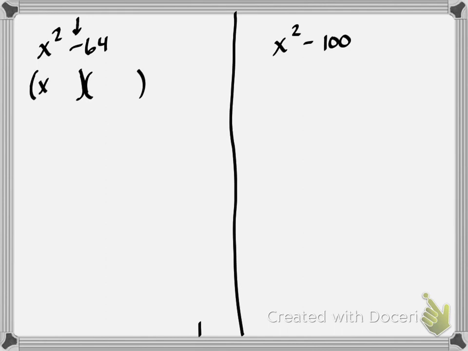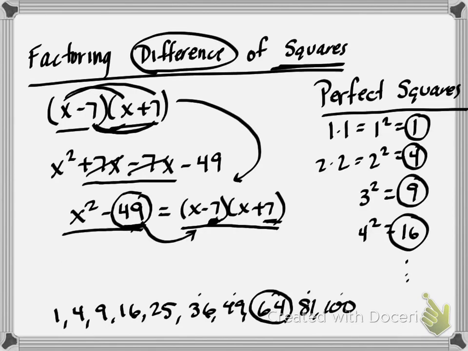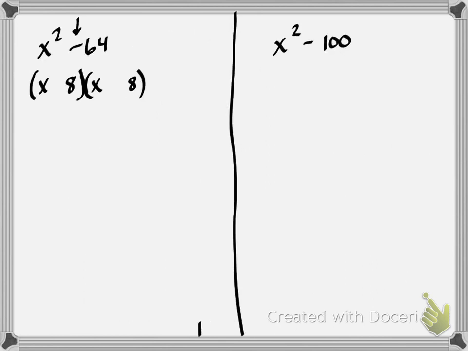Well, that number is going to go here and here. And then if you look back at our relationship, one had a minus and one had a plus. That allows us to cancel out the two middle terms. So one of these 8's has to be a negative, and one of these 8's has to be a positive. And that's the really quick shortcut way of doing something called difference of squares.